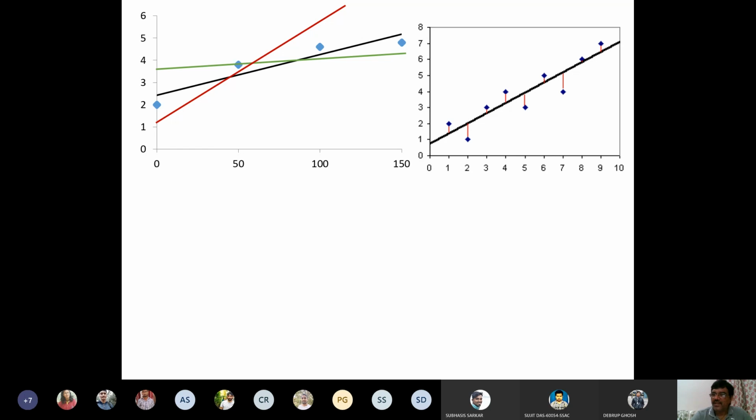But if you take the difference for the data points lying below the line, there are 3 in number in this case, and you subtract the value of the line from the data, then it will be negative, because these 3 points are lying below the line. So if you take the difference of actual data and the predicted line data, this difference will be minus. So how do we solve this problem?